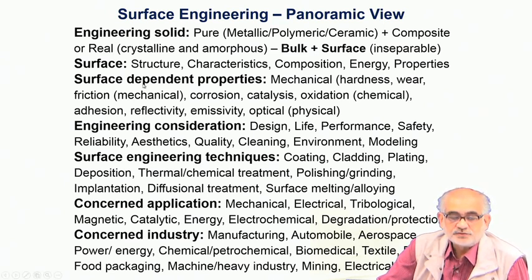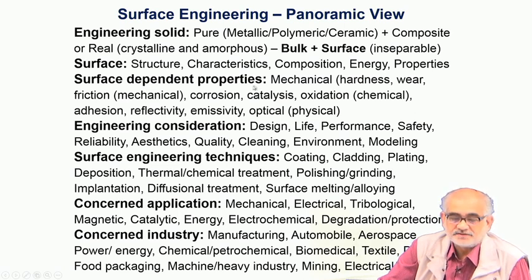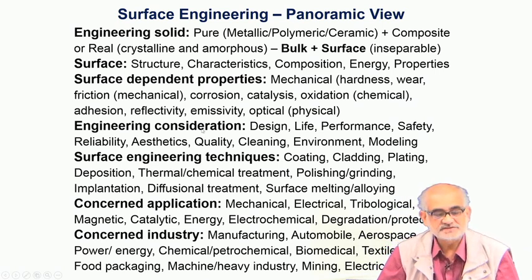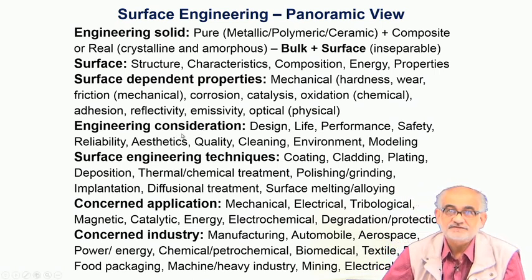Now, there are a host of properties which are connected with the bulk of the material, whereas in this course we are concerned with the surface dependent properties, and we can divide them into certain groups. We'll come to that in more detail very soon. But the question is, why are we interested in surface dependent properties? Because there are very many engineering considerations. For example, a design engineer needs to know how a surface will behave under certain activation in a certain environment.